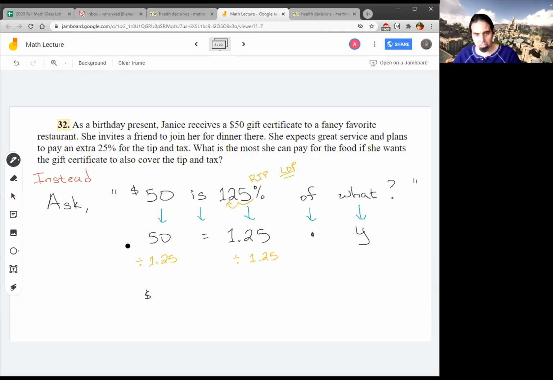And we get 40. And now you should be able to kind of see it working in your head. Oh, of course, 25% is a quarter. A quarter of 40 is 10. The 40 plus the 10 makes the 50 with not any wiggle room.